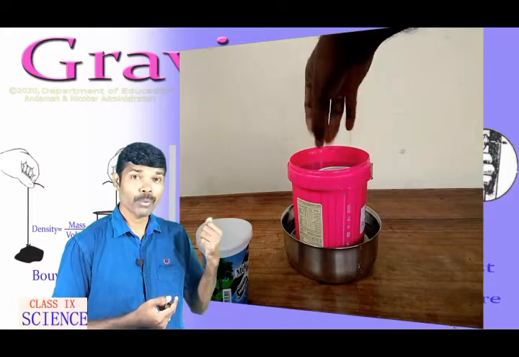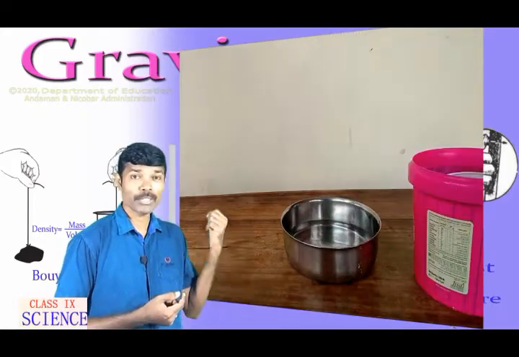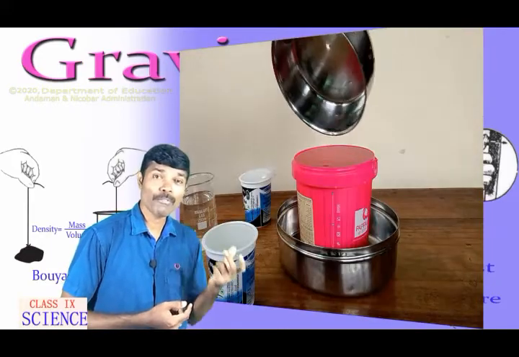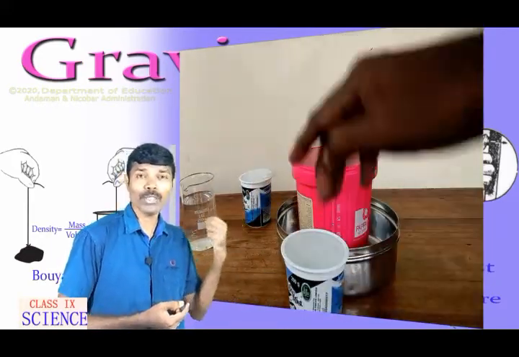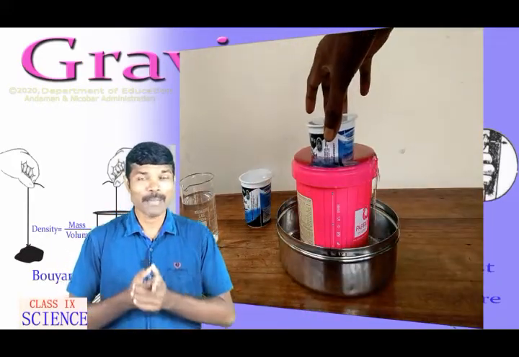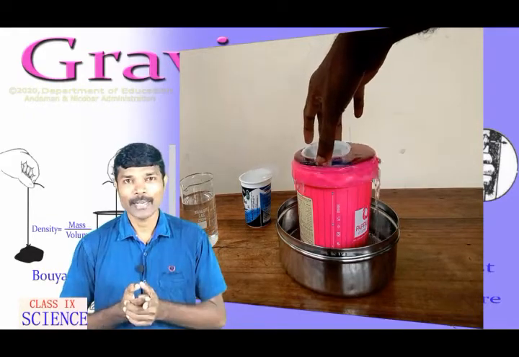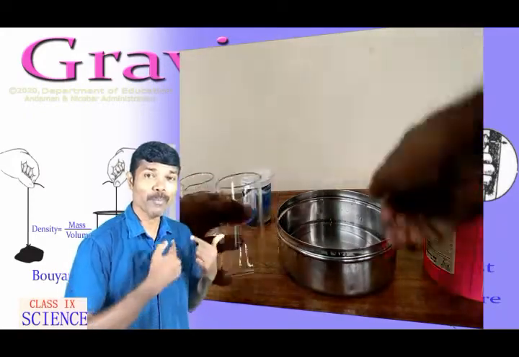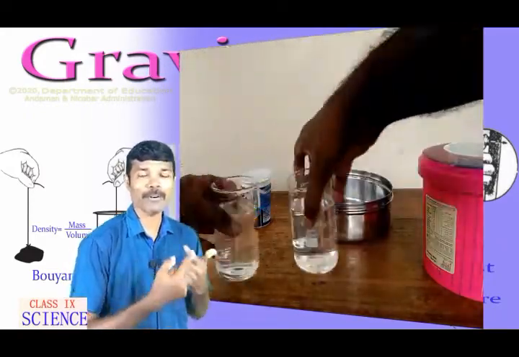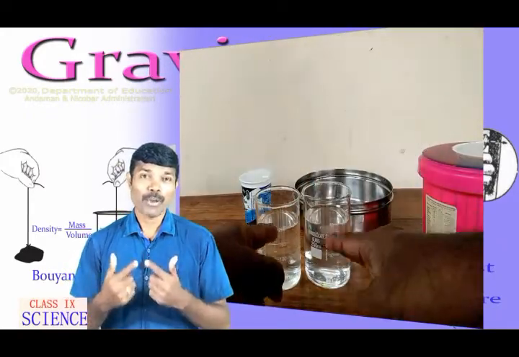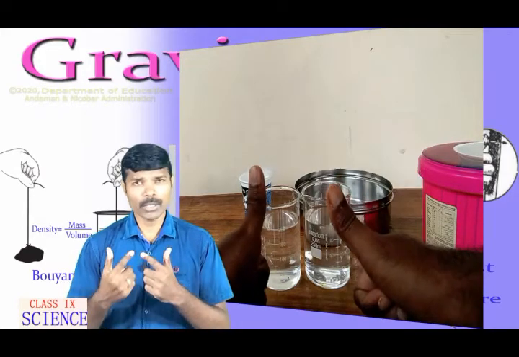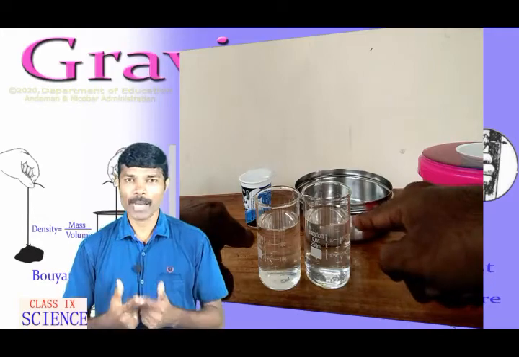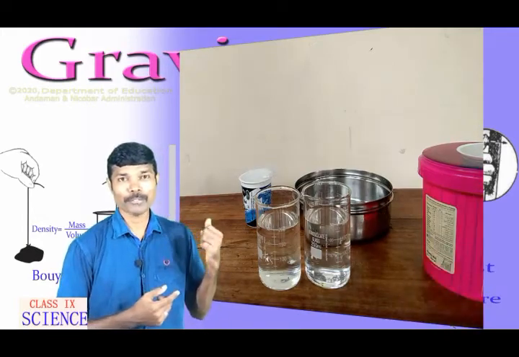If you immerse both the plastic bottles in water, you can find that the total amount of water displaced by both the objects is the same, which indicates that the force exerted by the liquid is the same for both objects irrespective of the mass of the object. The buoyant force exerted on both the bottles is the same; they are independent of mass. I hope you understood the first one.